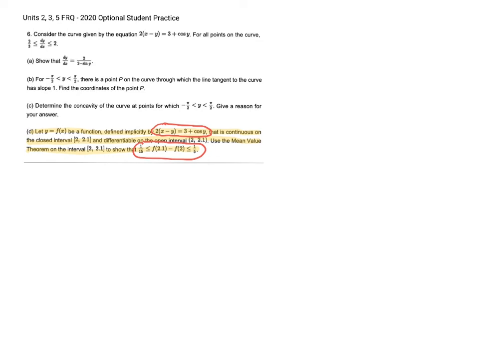Our function f fulfills the hypothesis. Okay, so f of x does meet the hypothesis for the mean value theorem. It's continuous on the closed interval and differentiable on the open interval.